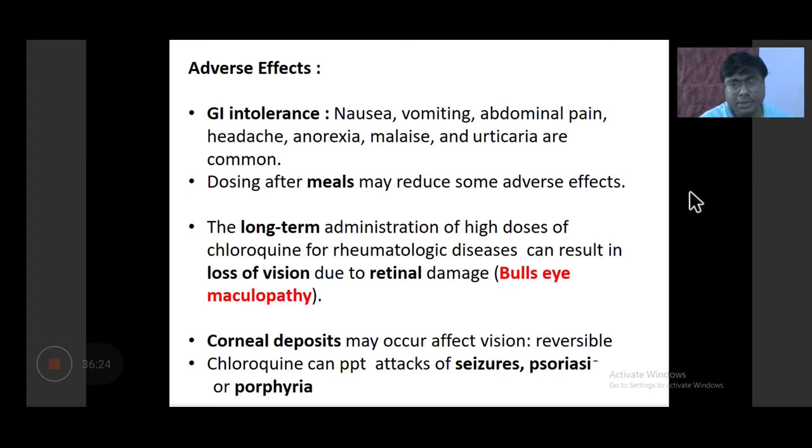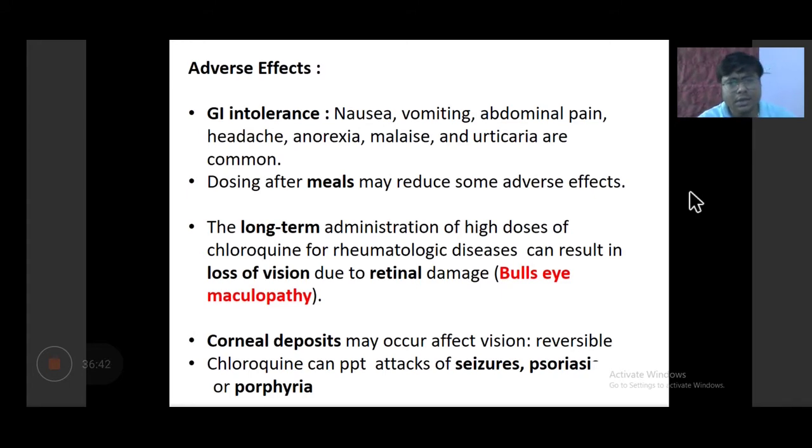And a very specific bull's eye maculopathy has been noticed with chloroquine. So bull's eye maculopathy is a peculiar retinal damage caused by chloroquine over a long period of treatment.